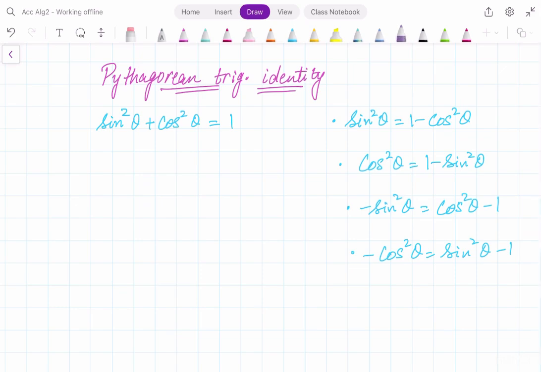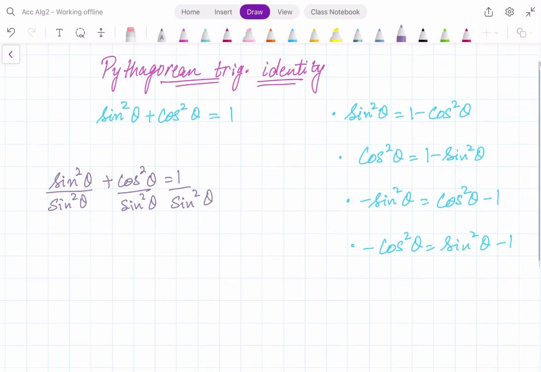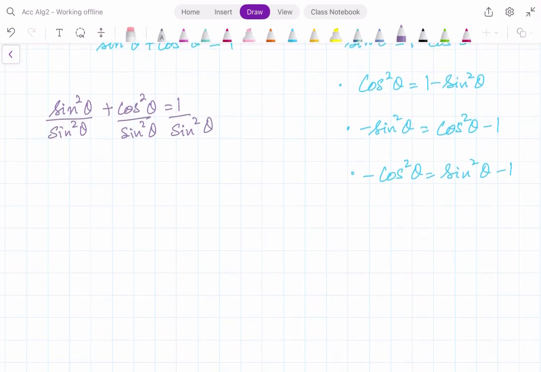Now, on the basic identity, sine squared theta plus cos squared theta is equal to 1, if I divide both sides by sine squared theta, we will get another set of identities. Sine squared theta and sine squared theta will cancel out, so that will be 1.